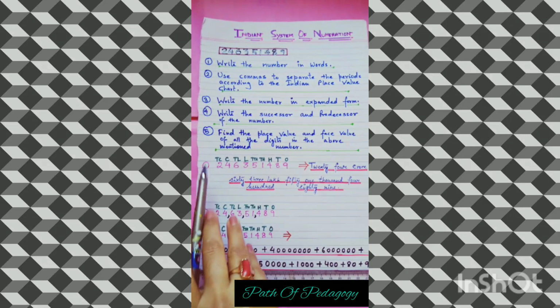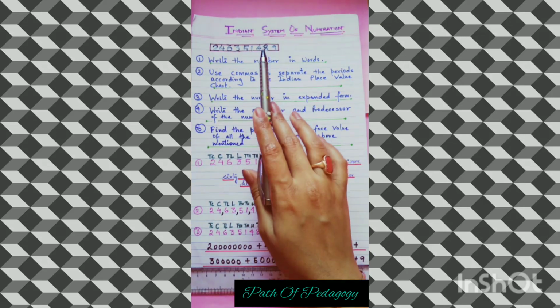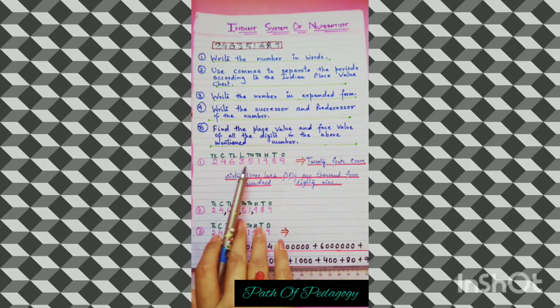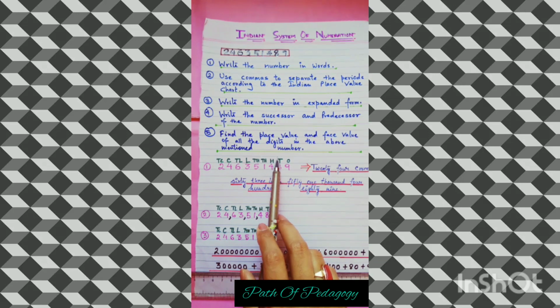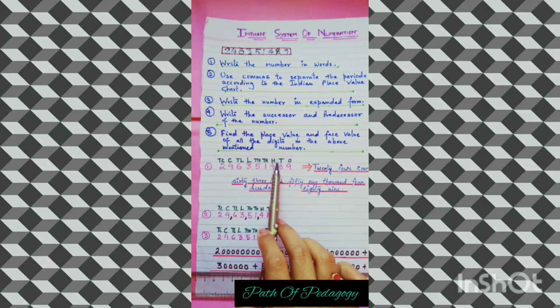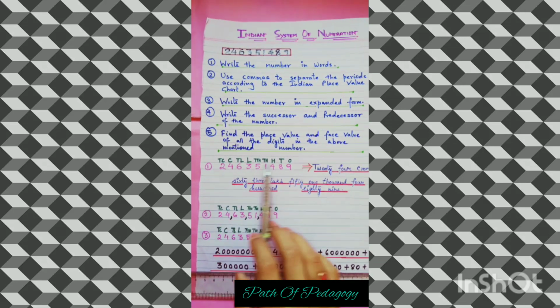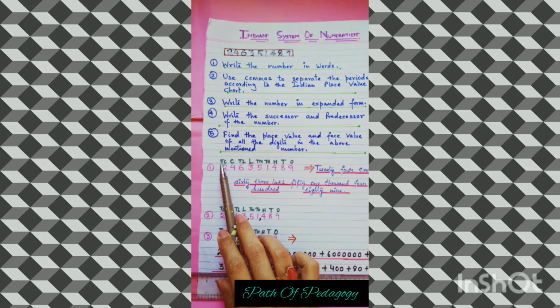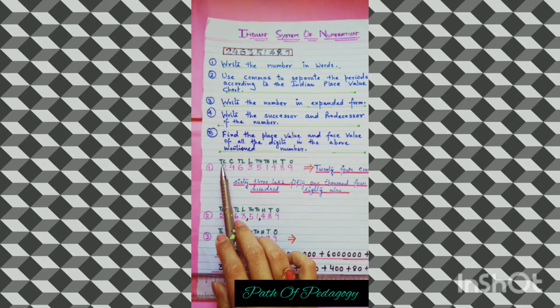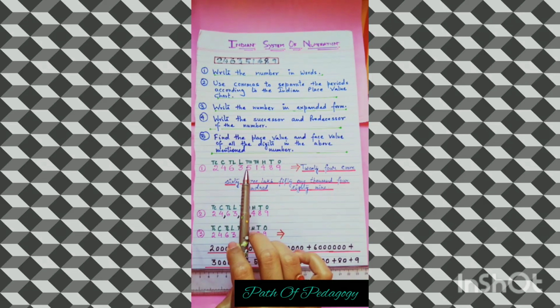To do question number 1, first of all we have to write the number again. Write all the place values above each digit of this number, like ones, tens, 100, 1000, 10,000, lakh, 10 lakh, crore, 10 crore. Now we have to write the number in words.